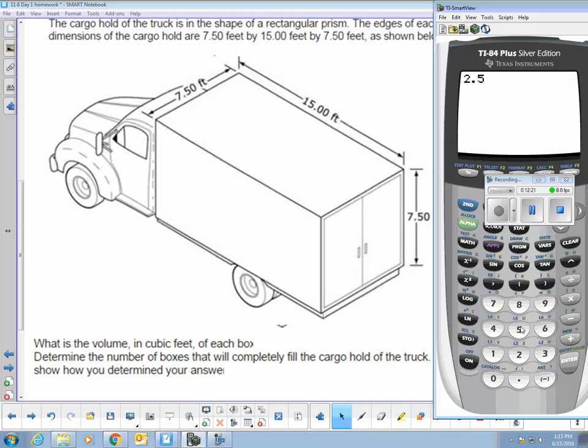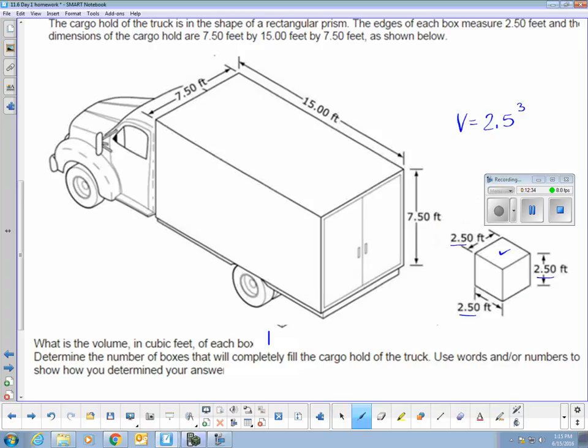So 2.5, and then to cube something, I'm going to use my caret key on the right here to the 3rd power, and that gives me 15.625 cubic feet. All right, and we'll just put this down here so that we can see how we got that answer.